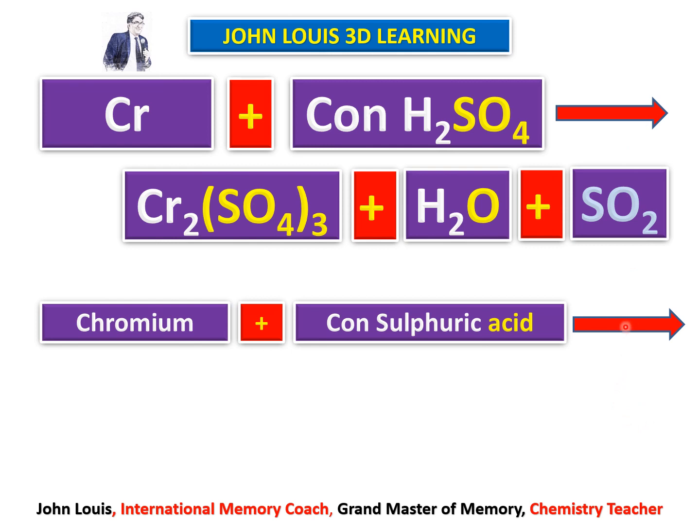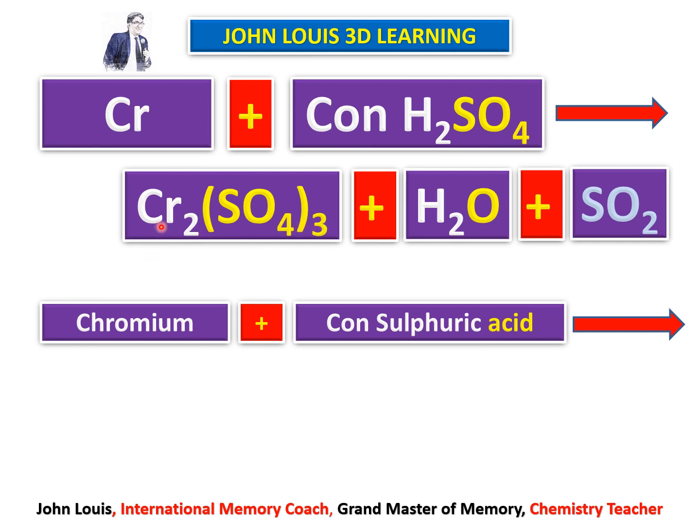Then it gives Cr2(SO4)3. What is it? Again here, Cr is chromium, SO4 is sulfate. But we know chromium has two valencies, 2 and 3. Sulfate valency is 2, and here the 2 has gone to chromium, so Cr2. But how many sulfates are there? 3 sulfates.